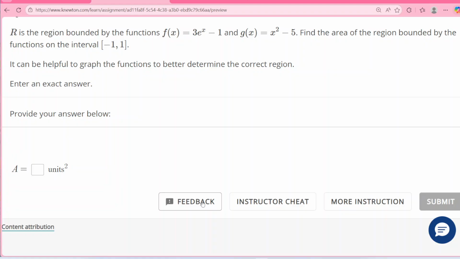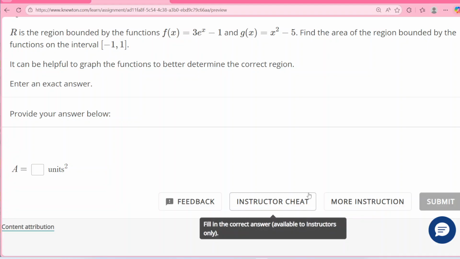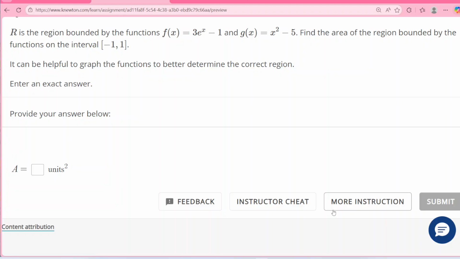So if you notice any issues with the question itself or with the answer explanations after a question, you can send feedback directly to Knewton support, and hopefully someone will get back to you shortly with a way to resolve your issues. You will not find this instructor cheat option. This is for instructors only. But you will find this more instruction option.